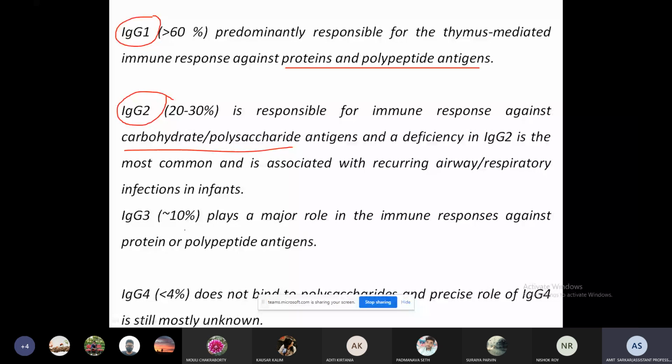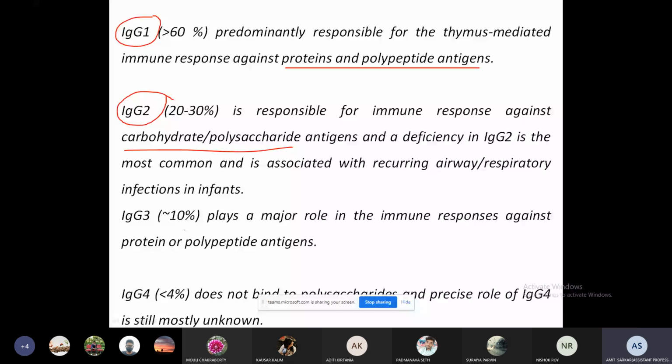So we're not very clear about the IgG3 and IgG4 roles, but we know that IgG1 becomes effective when the antigen is polypeptide or protein in nature, and IgG2 becomes effective when the antigen is carbohydrate or polysaccharide in nature. And relative abundance wise, IgG1 is more than 60% and IgG2 is in the 20 to 30% range.